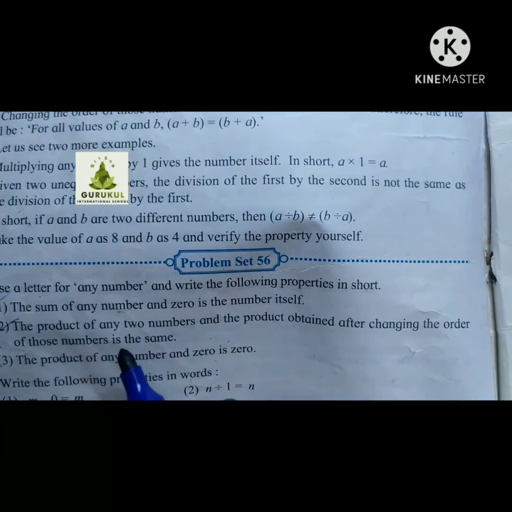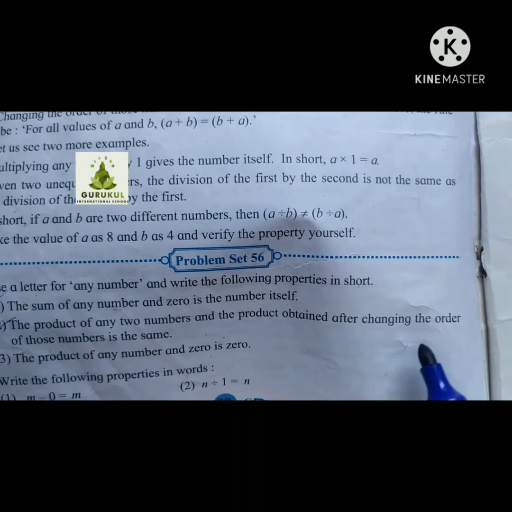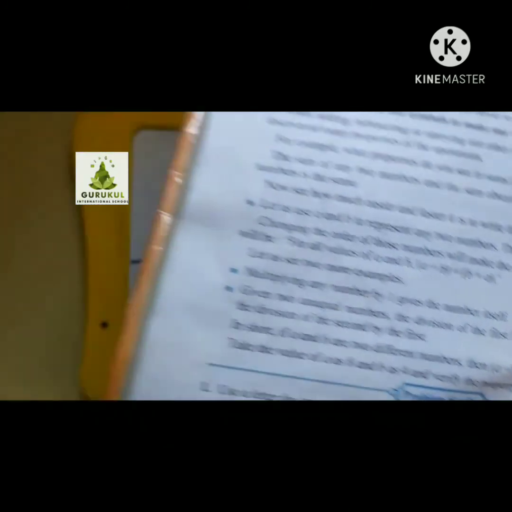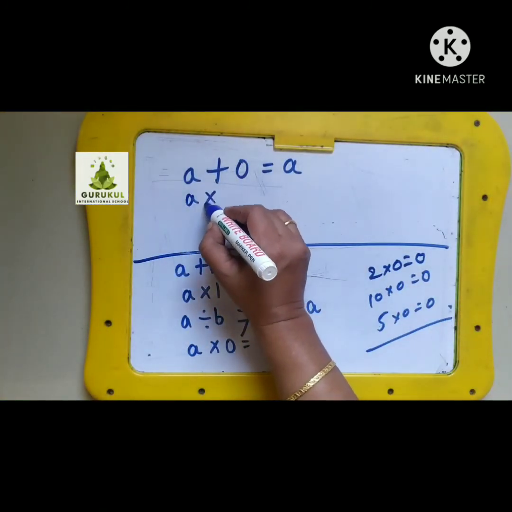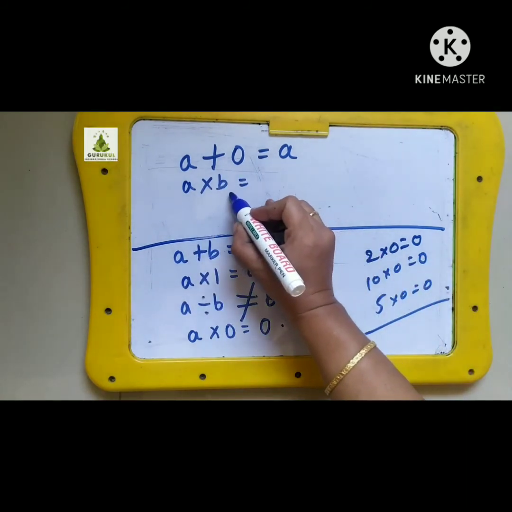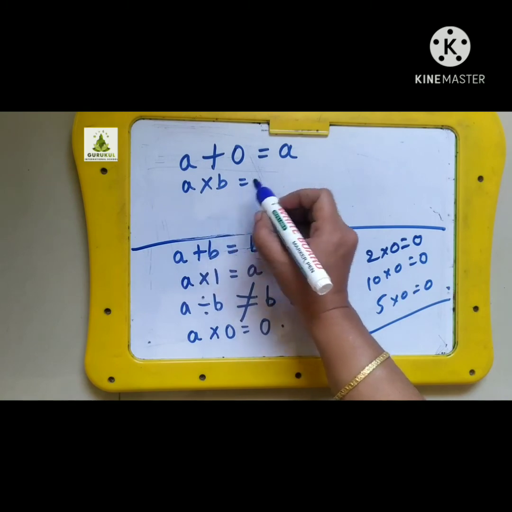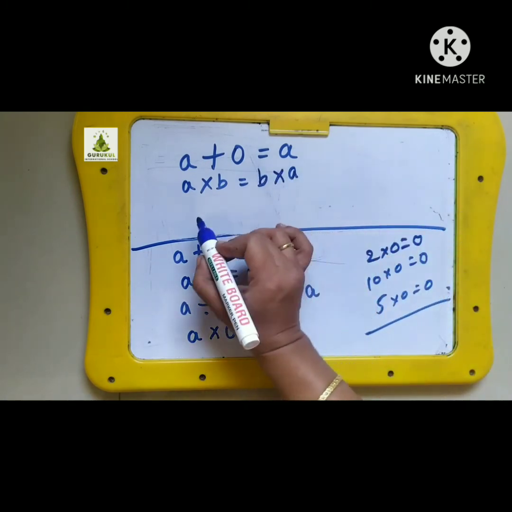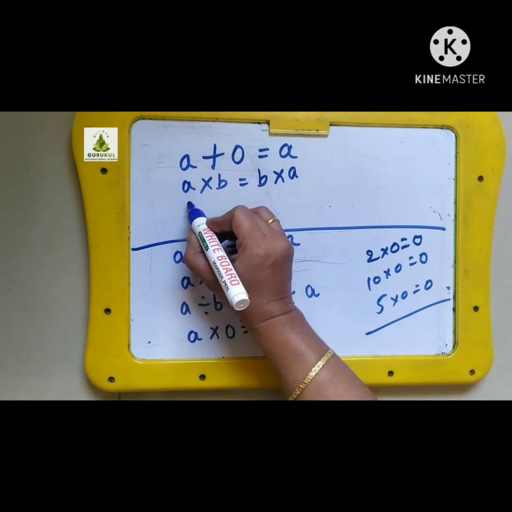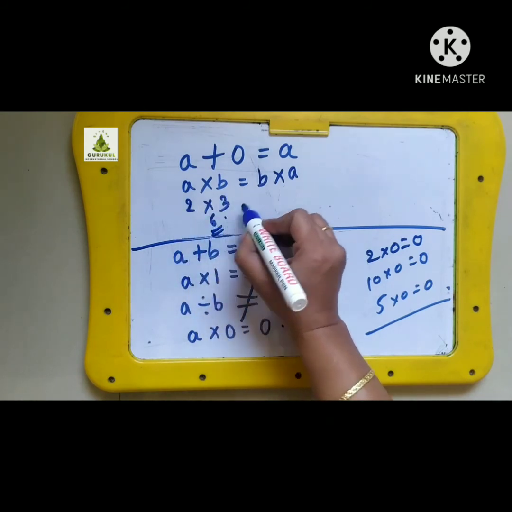Then the product of any two numbers and the product obtained after changing the order of those numbers is the same. Okay. If A is any number and B is any number, then A into B is equal to B into A. This property means what? Let's take an example: you have 2 into 3. 3 twos is how much? 6.